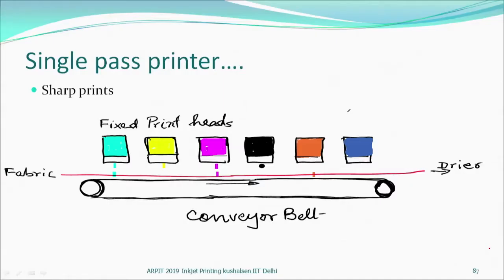A typical single pass printer may look like this. Let us say a 6 color machine may have 6 rows. So many print heads may be there, or the whole thing is one single large print head, and all blue wherever required in that area will just fall there in one go.